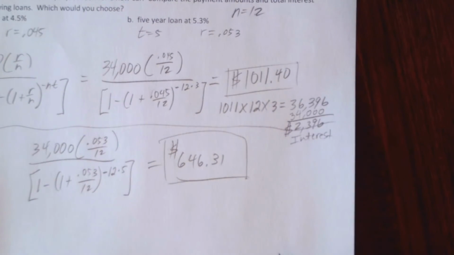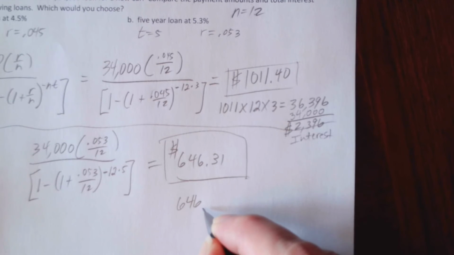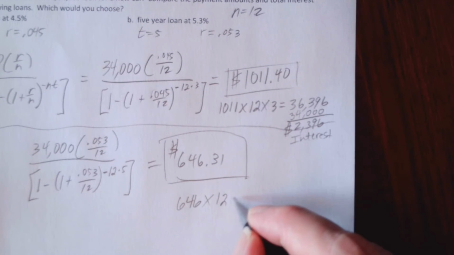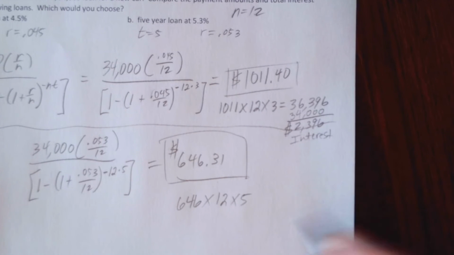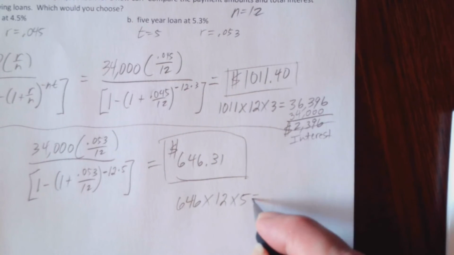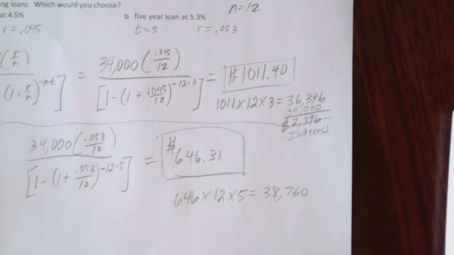Let's look at the 5-year loan. We'll round to 646. That's times 12 payments a year for 5 years. So let's go ahead and multiply that out. 646 times 12 times 5, and I'm getting $38,760.